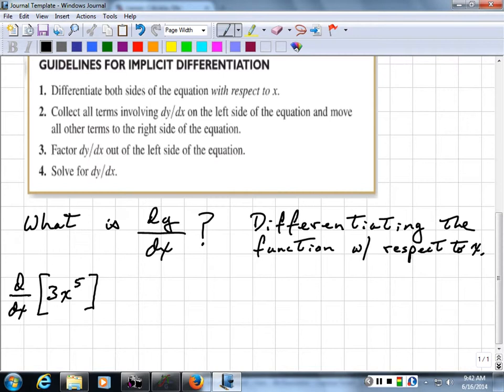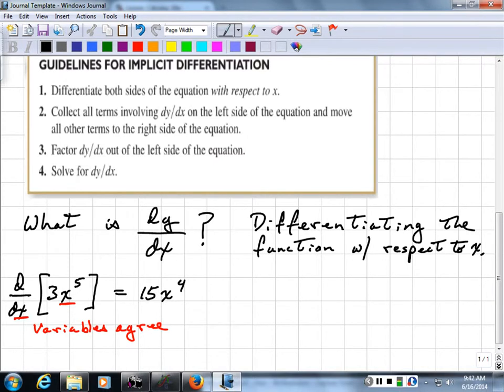However, the thing is this variable right here in the dx matches this variable right here in the 3x to the 5th power. Variables agree. So the derivative is simply 15x to the fourth power, and I don't need to do anything else.